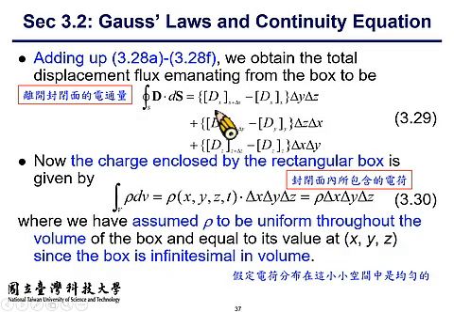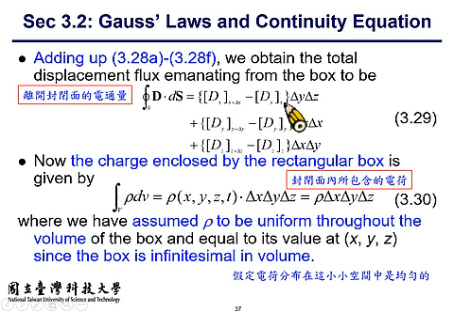As you can see here, the first term includes Dx at x plus delta x minus Dx at x, times delta y and delta z. Delta y times delta z is what? It is the small surface area of the front and back surfaces. Dx at x plus delta x and Dx at x are the electrical flux density at the front and the electrical flux density at the back.